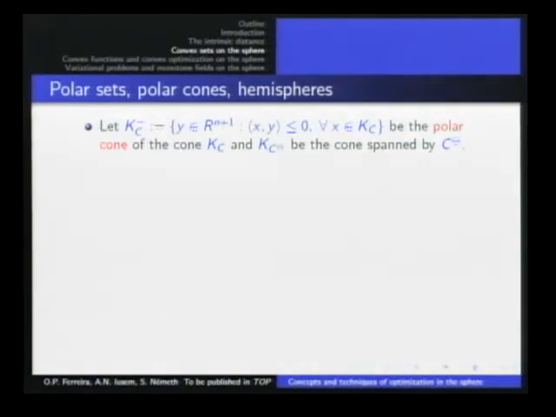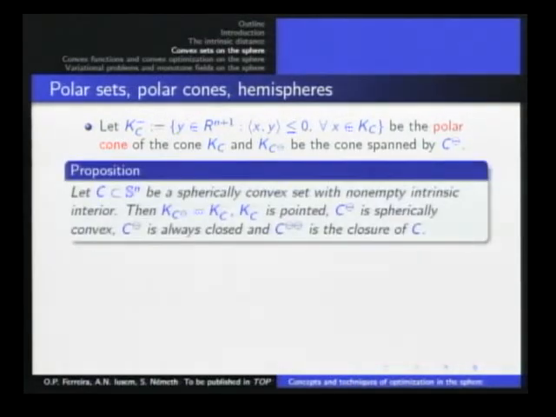Now, K_C minus is the polar cone of the cone K_C in the usual sense, and K_{C°} is just the cone spanned by the polar set.